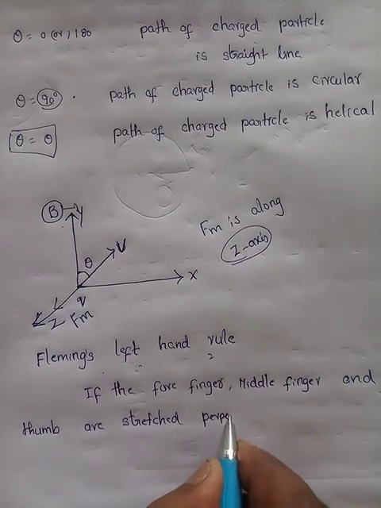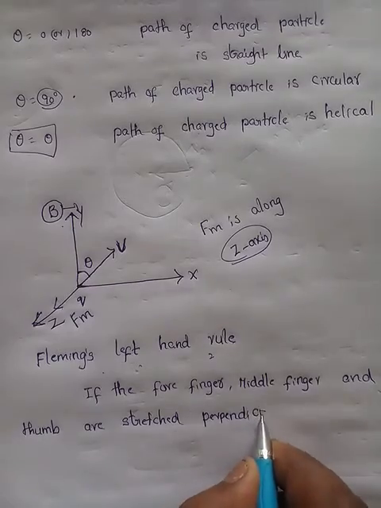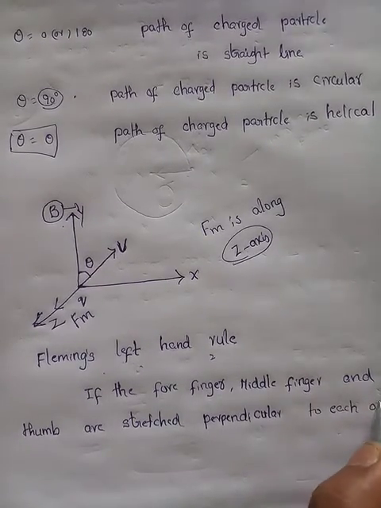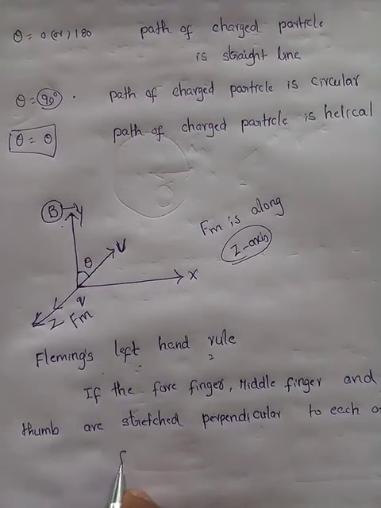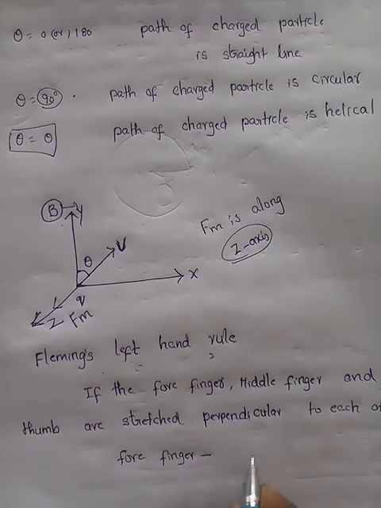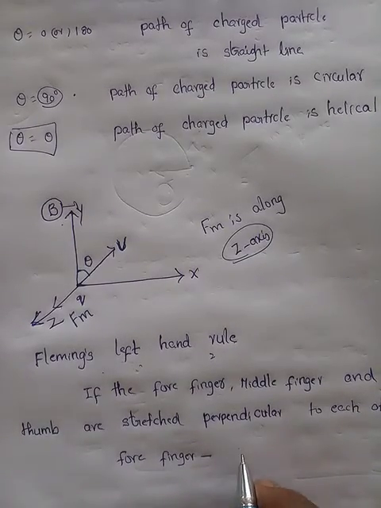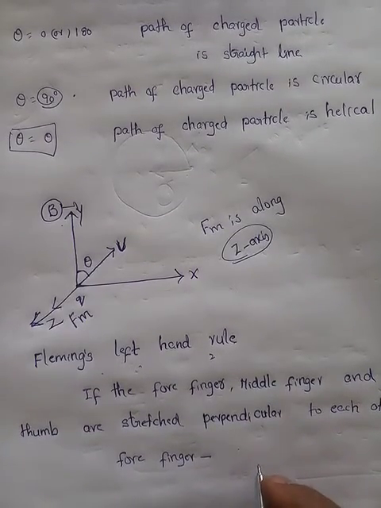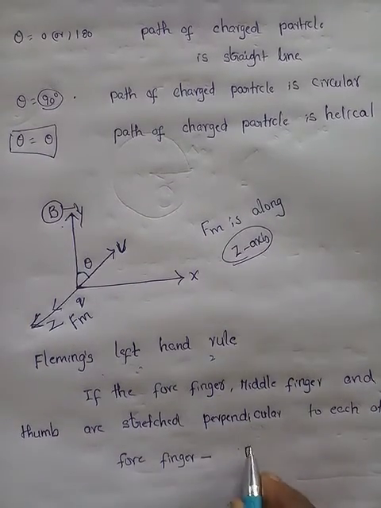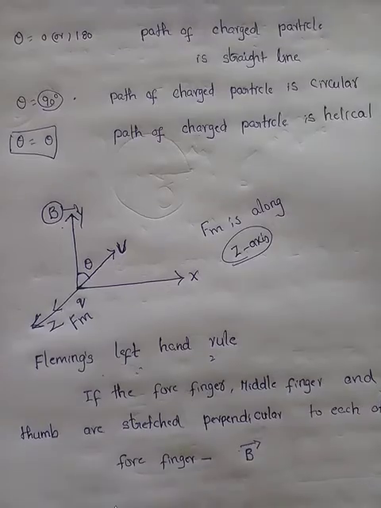What does the forefinger represent? The direction of magnetic field.